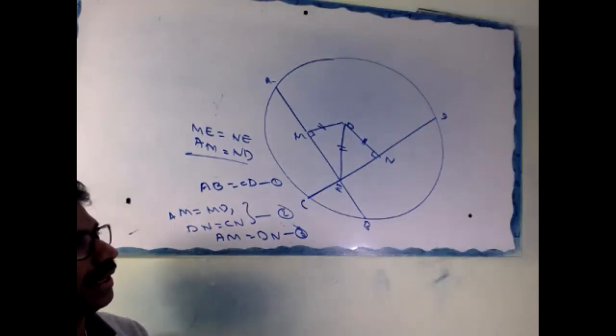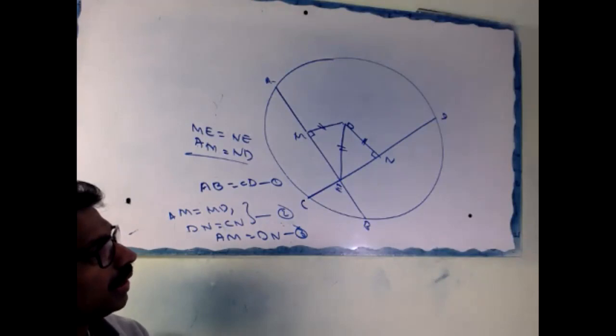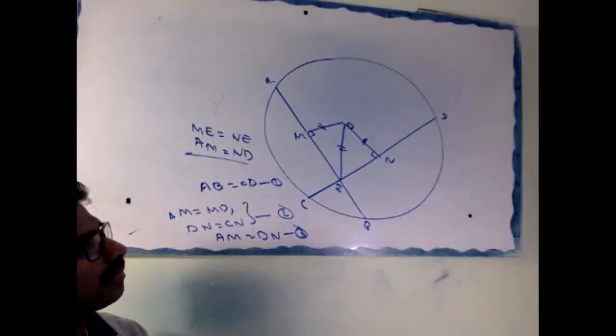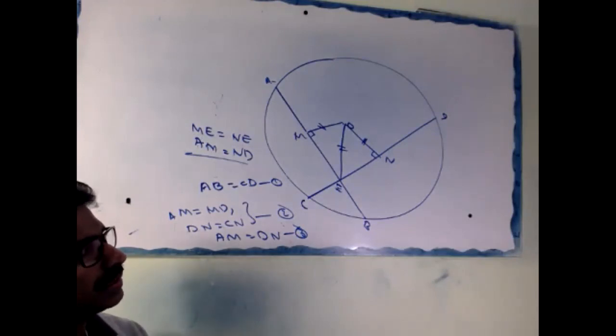Adding 3 and 4, we get AM plus ME equal to DN plus NE.